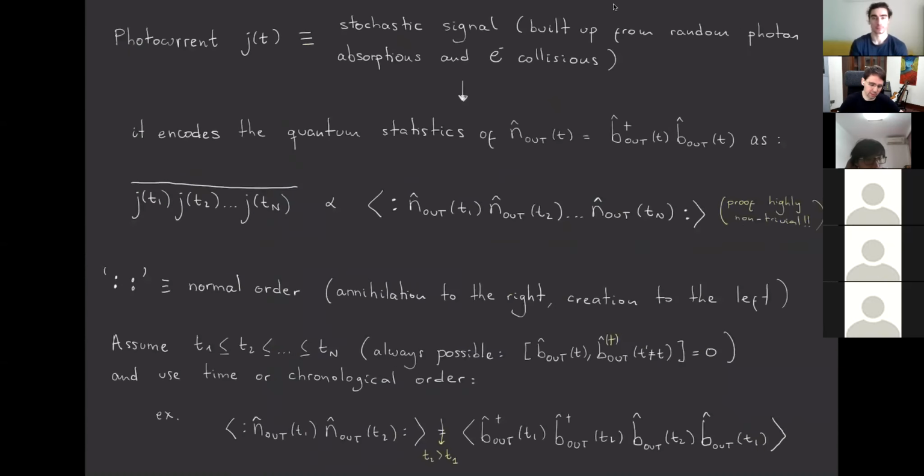But what's important is that this photocurrent is a stochastic signal. So if you measure the electronic current, you will see that it just oscillates kind of randomly.